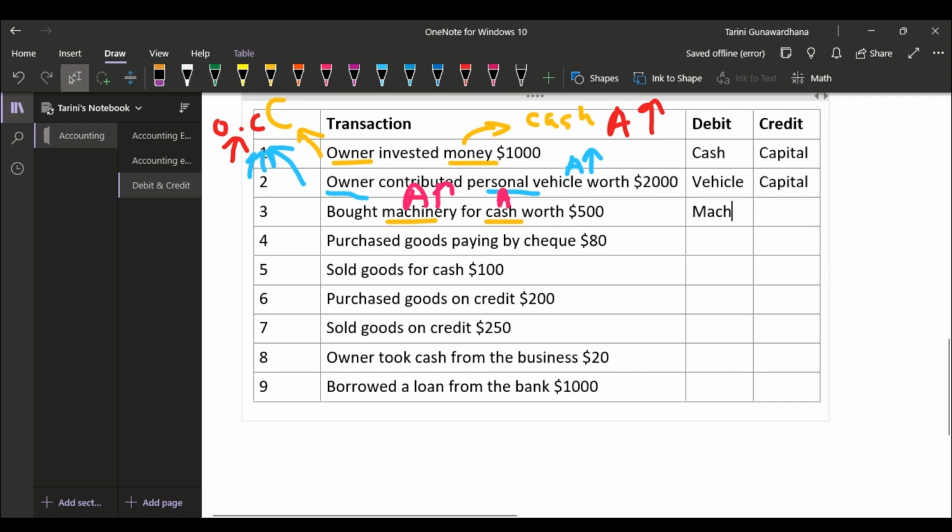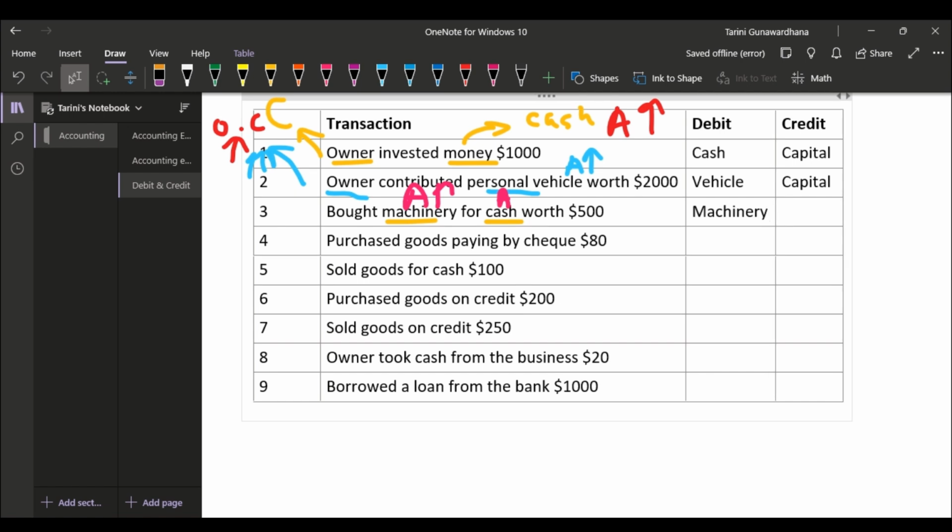So machinery is debited. Now cash, we pay by cash. So the cash held in the organization will decrease in this case. Then when assets decrease, it's a credit. Do you see how every transaction has both a debit entry and a credit entry? So here it's cash account that is credited.